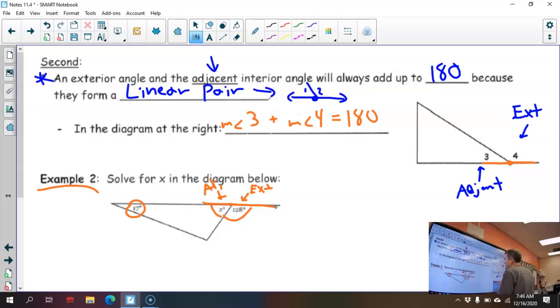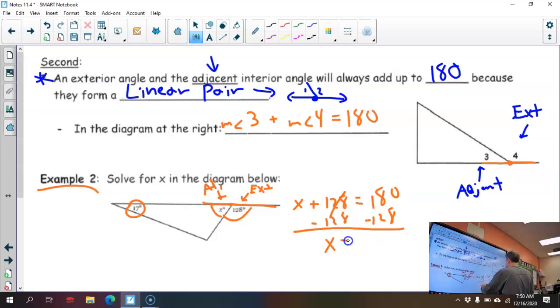They are a linear pair. So I know that x plus 128 must equal 180. And all of us know how to solve that for x. We would subtract 128 from both sides, and we would find out that x equals 52.